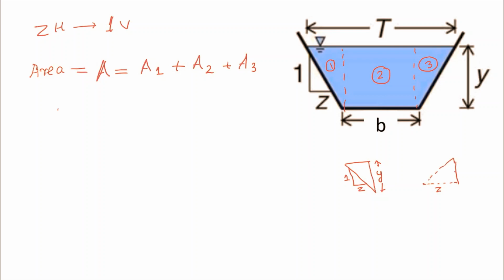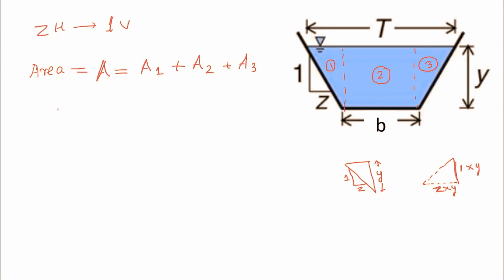Okay, so in order to get 1 meter height, we have to travel z meter horizontally. So in order to achieve y meter vertically, how much length should we cover in horizontal? It will be z into y, z times y.